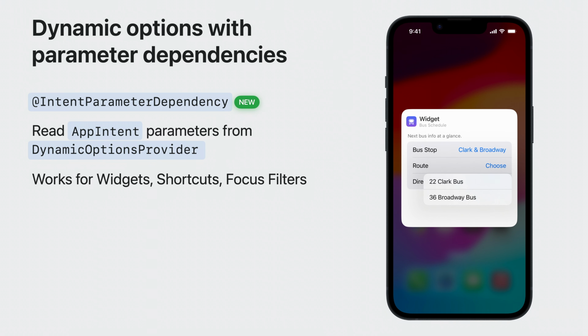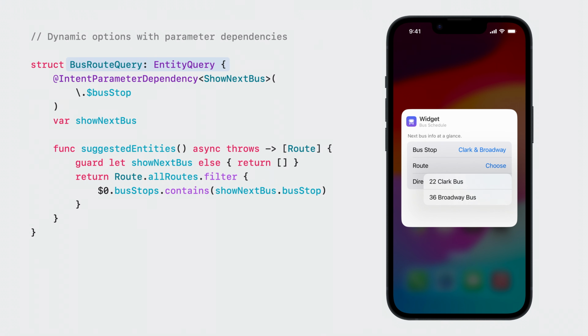In my example, I have a struct called busRouteQuery that conforms to the Entity Query protocol. This struct has a property called showNextBus, which is wrapped with the intent parameter dependency property wrapper. This means that the busRouteQuery has a dependency on the showNextBus app intent, specifically on the bus stop parameter. Notice the suggested entities method.